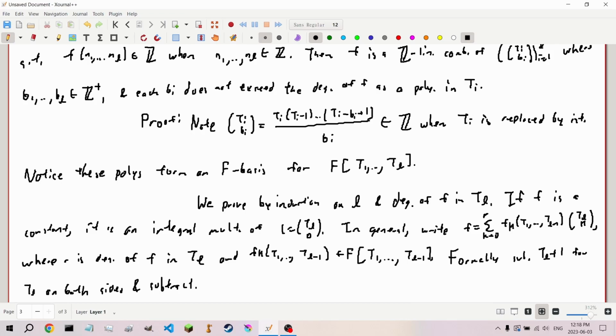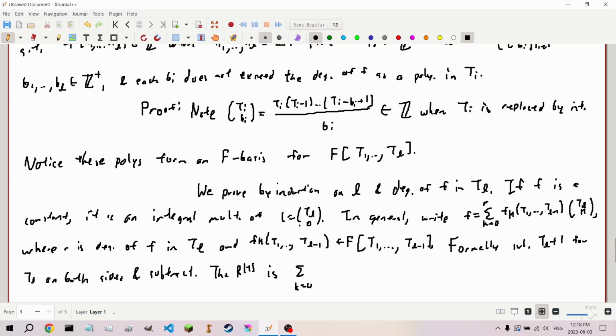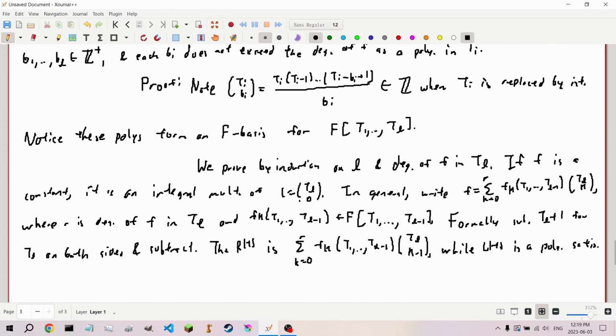The right hand side is then the sum from 0 to r of f_k times t_l choose k minus 1, while the left hand side is a polynomial satisfying the original hypothesis.